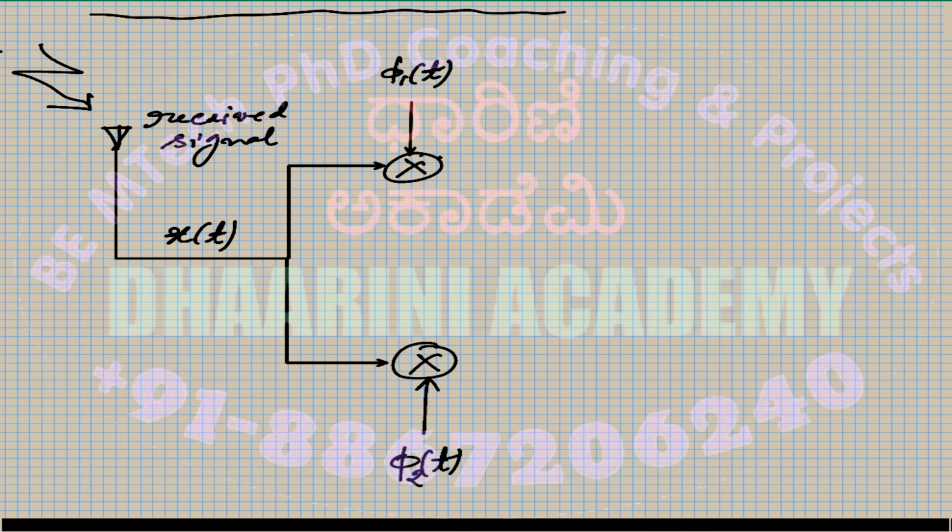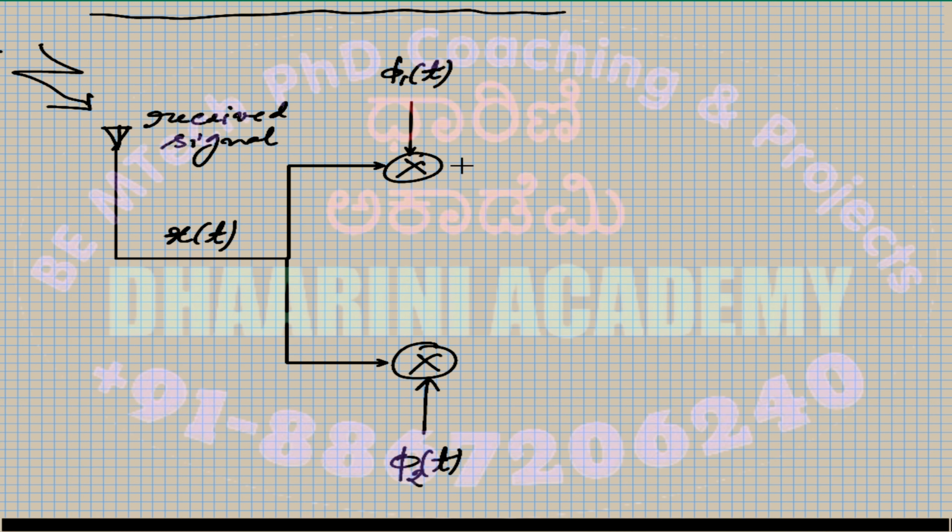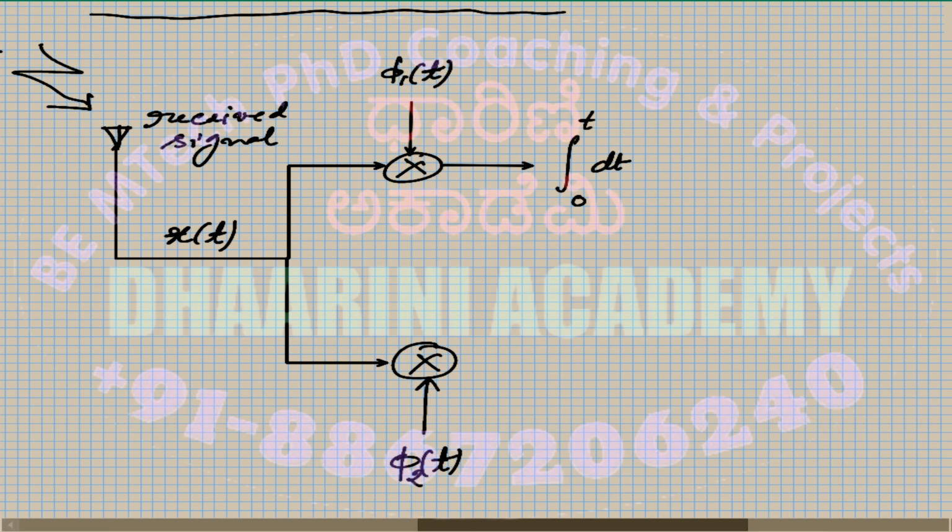So if you multiply by phi1 and integrate with respect to time, that's one type of receiver, a very standard receiver. So let's do that here. After multiplying with phi, let's do the integration, integral 0 to T dt.